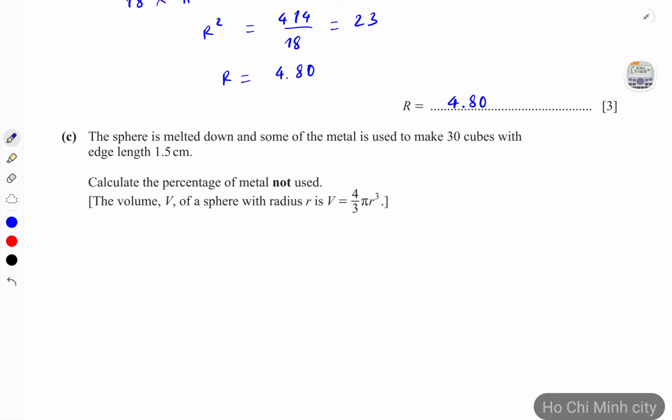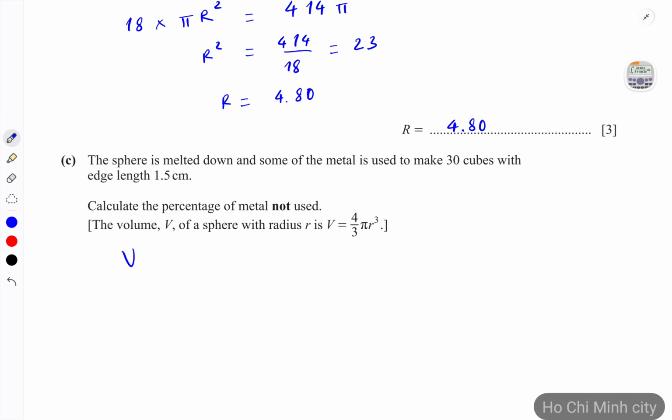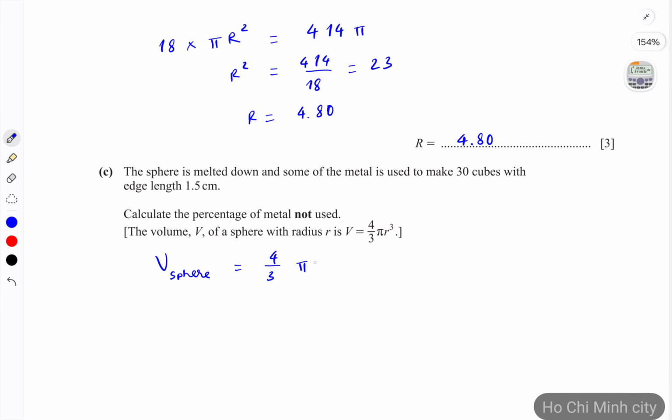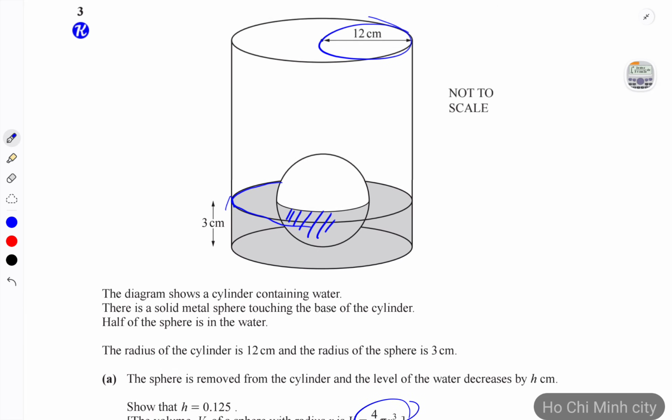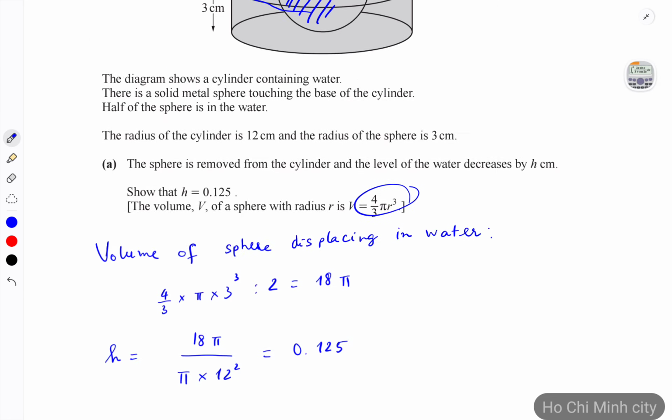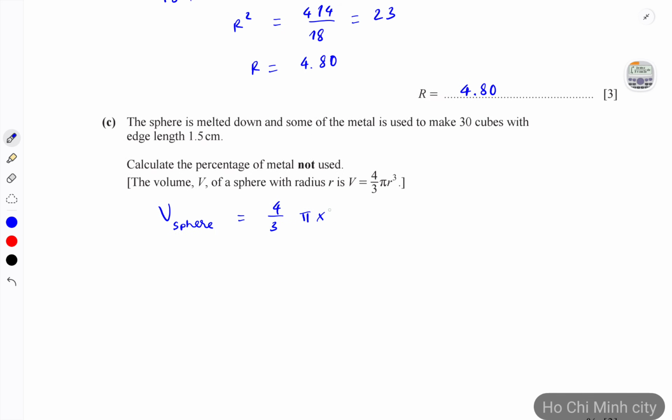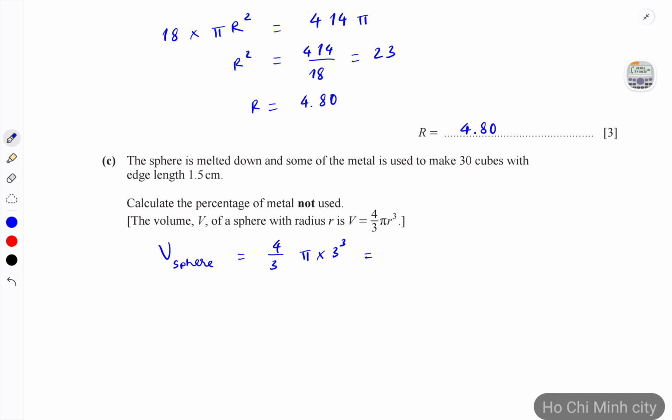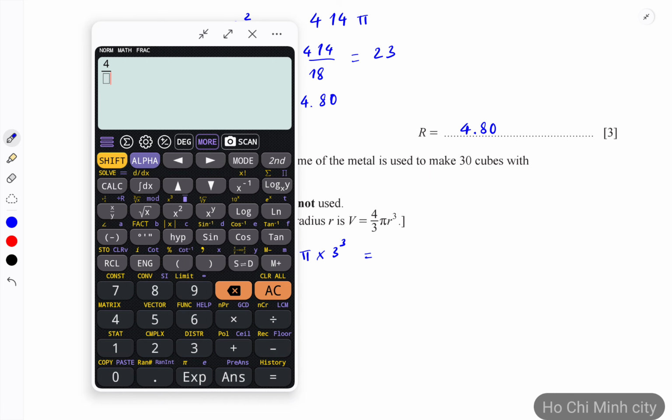All right, the next one. The sphere is melted down and some of the metal is used to make 30 cubes with edge length 1.5 centimeters. Calculate the percentage of the metal not used. So first of all, calculate the volume of the sphere. That is 4/3 pi times the radius, the radius here is 3, times 3 cubed, and that is 4 over 3 times 27, we have 36 pi.